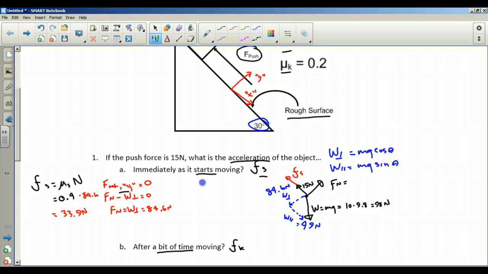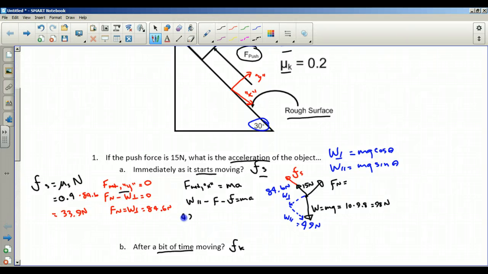Now we go back over here to the x direction. Here's our y direction, so now we're in the x direction. Net force in the x direction is likely going to accelerate, so we're going to say it's equal to ma. Our down the ramp force is weight parallel. Our up the ramp forces are our push force and our friction force, and that's going to be equal to mass times acceleration.